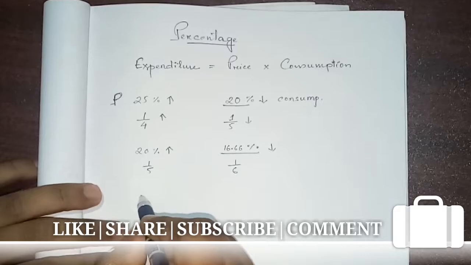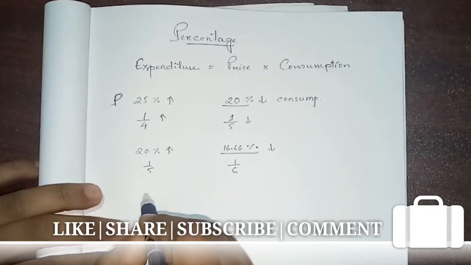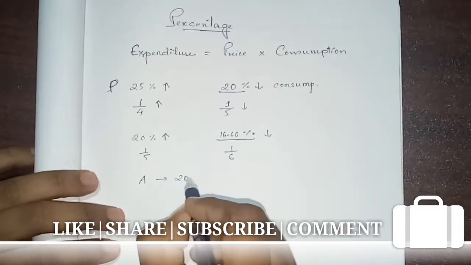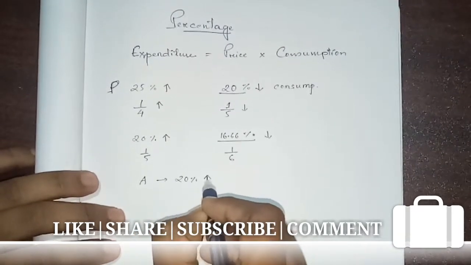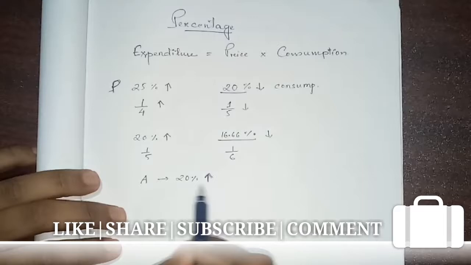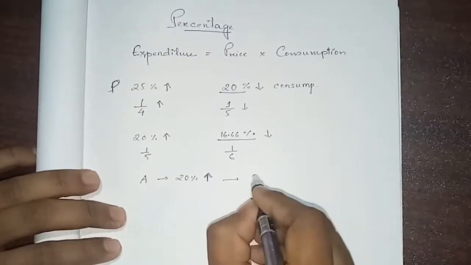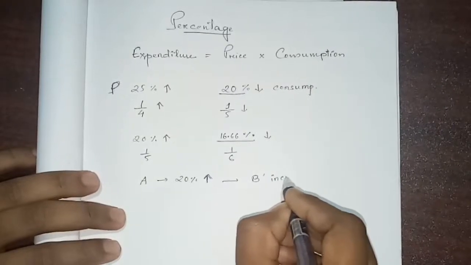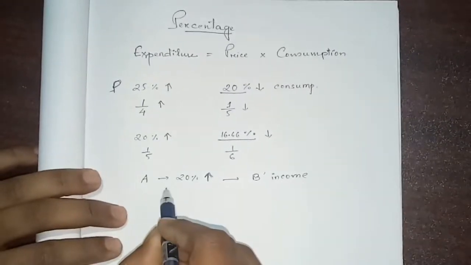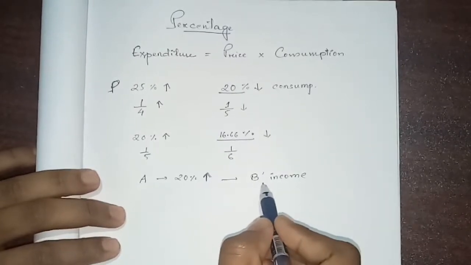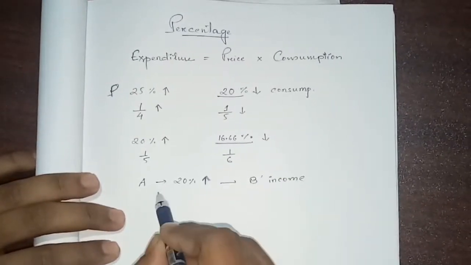Similarly, you are given that A's income is 20% more than B's income. 20% more means bigger, so I am giving the arrow mark above, that is, 20% bigger than B's income. Then you are asked what percentage B's income is less than A's income.